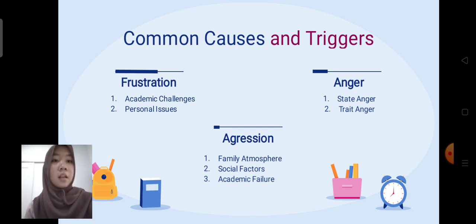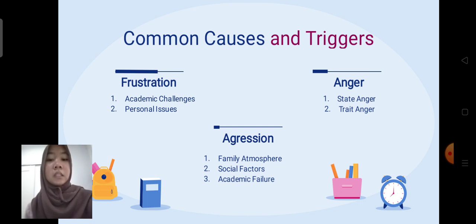And then aggression. The family atmosphere. Students who experience family conflict, abuse, or divorce are more likely to use aggressive behavior during provocative situations. The second, social factors.